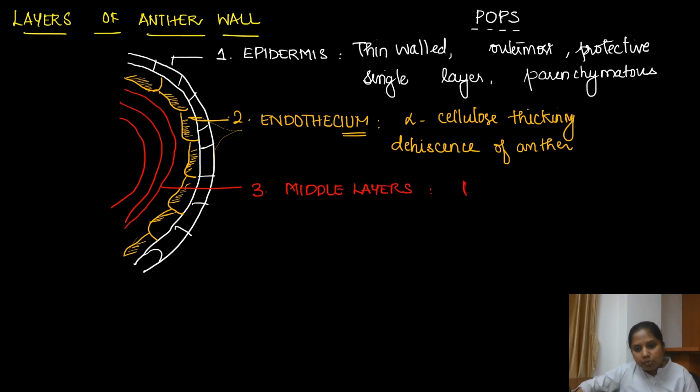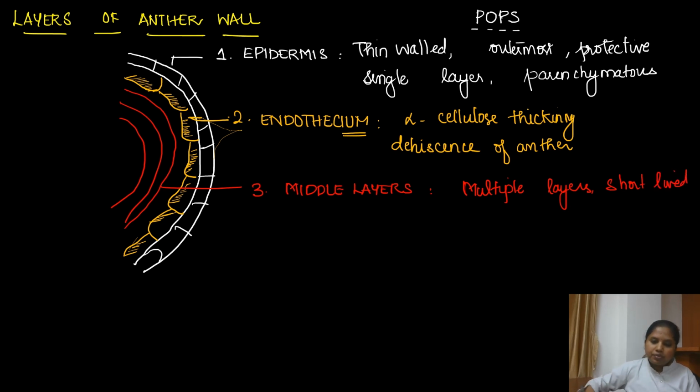They are multiple layers and they are short-lived. These middle layers provide nourishment to the developing structures. To whom is it going to provide nourishment? Whatever microspores are going to be formed, which we will discuss at later stages.